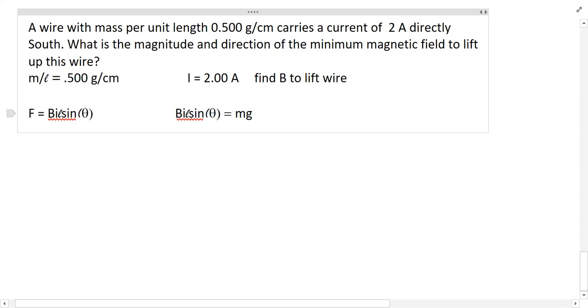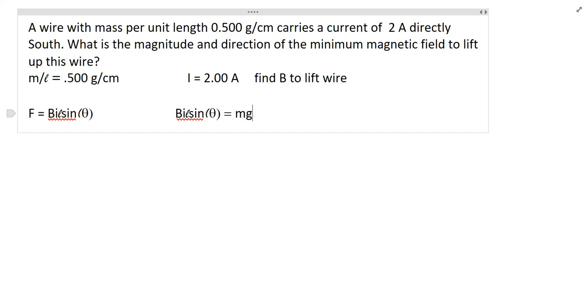Now let's look at the different terms in this equation. B is what we're looking for. Current I is given. The L, let's hold off for a moment to talk about that one. So first, the sine theta. We're looking for the minimum magnetic field, and we get to control, in this case, both the direction and the magnitude of the magnetic field.